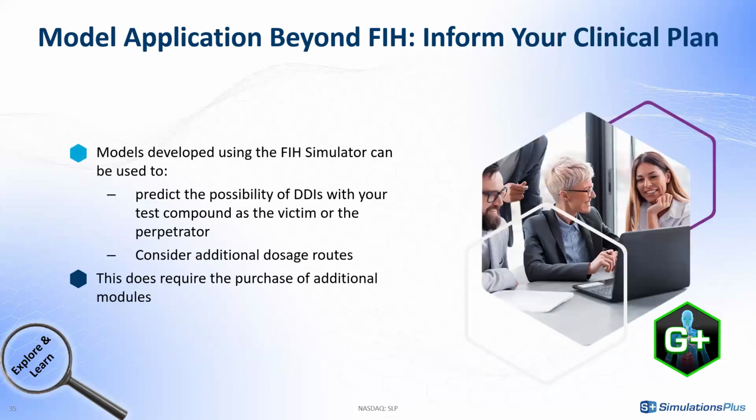Finally, moving beyond the modules contained within the first-in-human simulator can allow the assessment of DDIs and autoinduction. Your compound, acting as either a perpetrator or a victim, can be combined with any of our DDI standard model compounds to predict the impact of one on the PK of another.